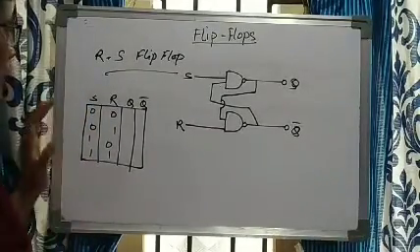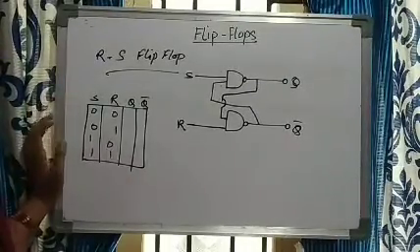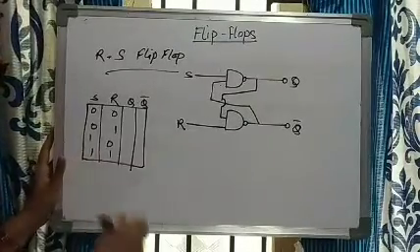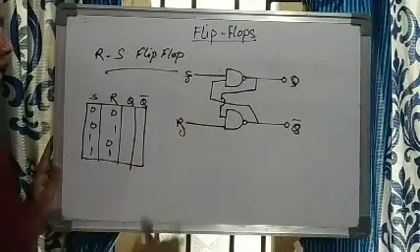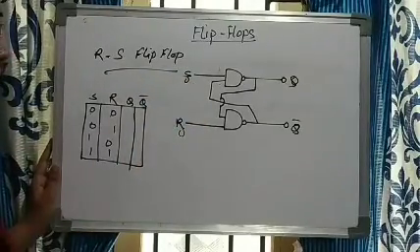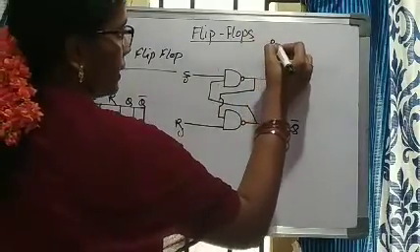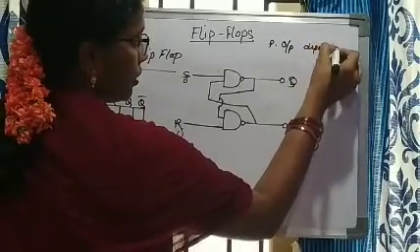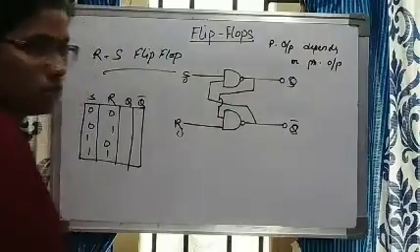Now let us see how this RS flip-flop works. This is the truth table of an RS flip-flop. Let us fill it one by one. The first case is S is 0, R is 0. In the definition I told that the present output depends on the previous output.